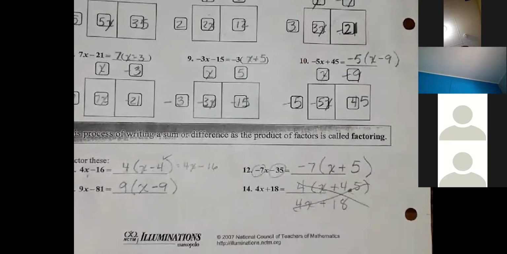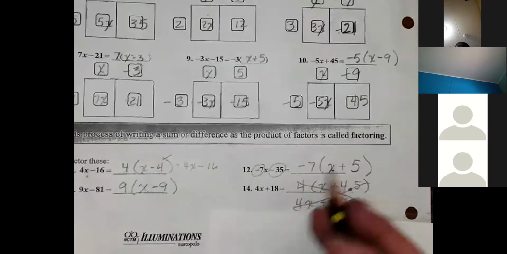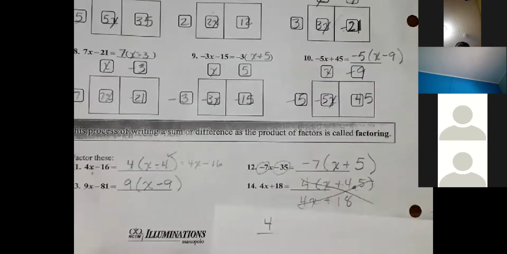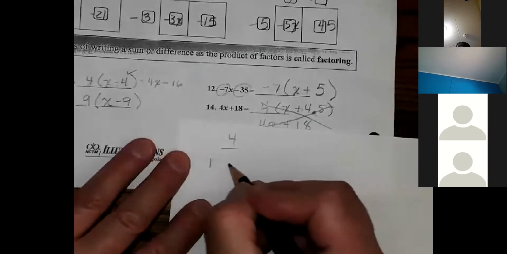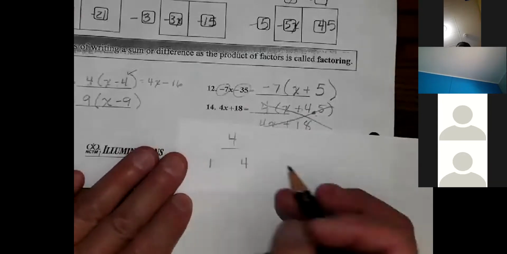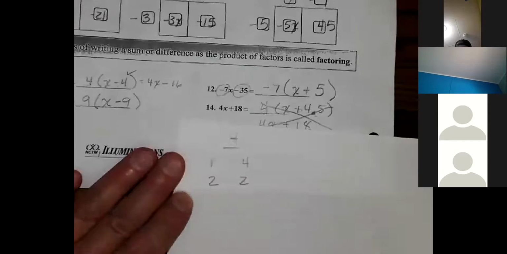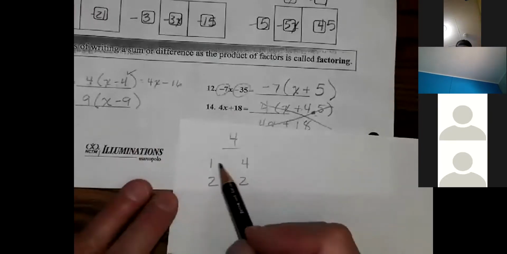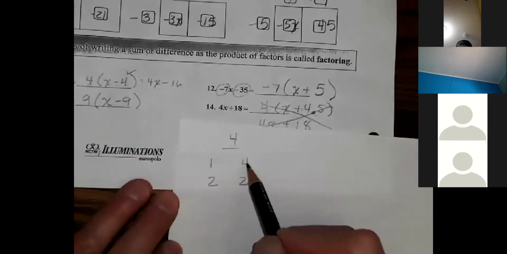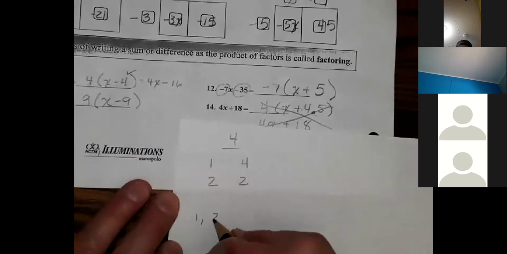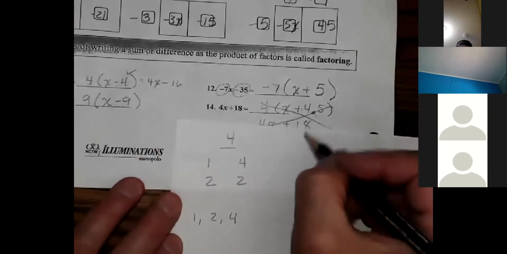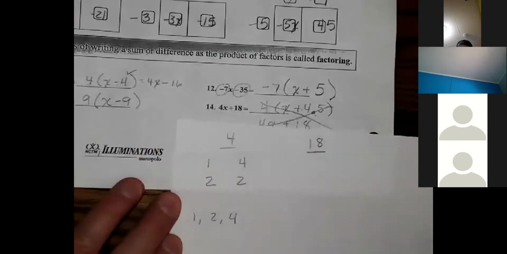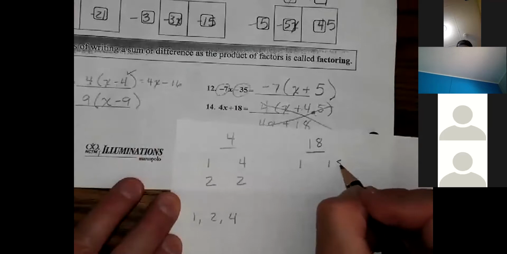Let's just list all the factors of 4. Back to the first week. The factors of 4 are all the whole numbers that multiplied together will equal 4. Well, 1 times 4 and 2 times 2. So if I list all the factors of 4, they're 1, 2, and 4. I'm going to list all the factors of 18. There's always 1 and 18.